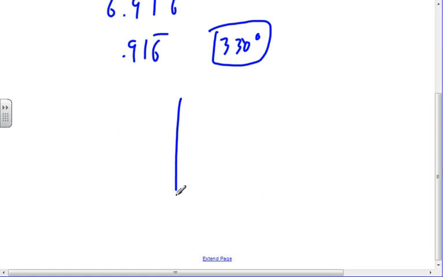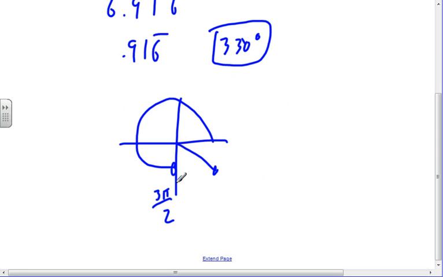All right, so I look at my unit circle. When I make it to here, that's 3 pi over 2. When I make it this way, that's another pi over 3. It's another 60 degrees I have to add on, right? So 3 pi over 2 plus pi over 3.